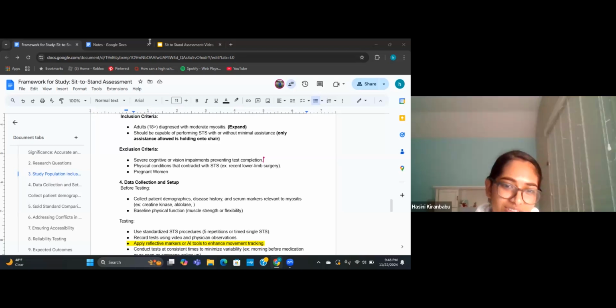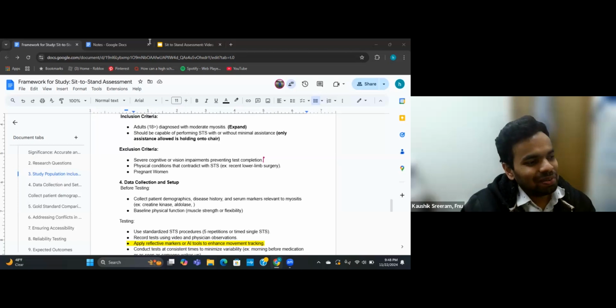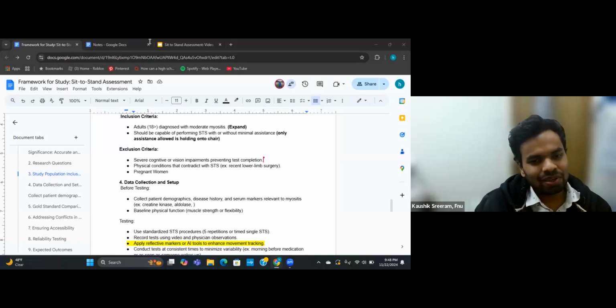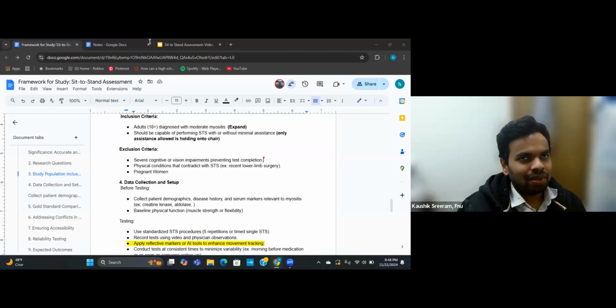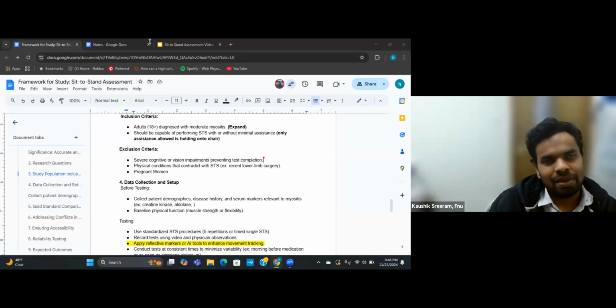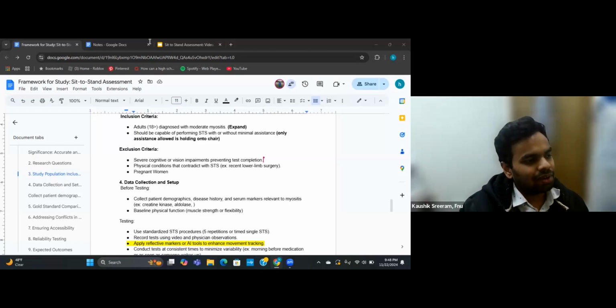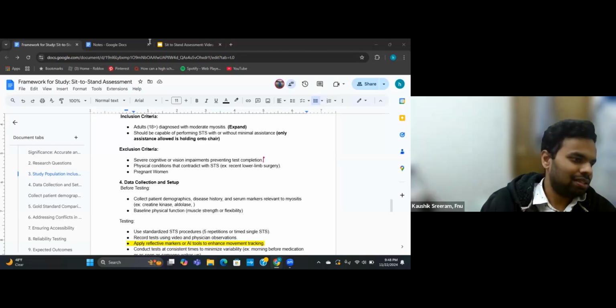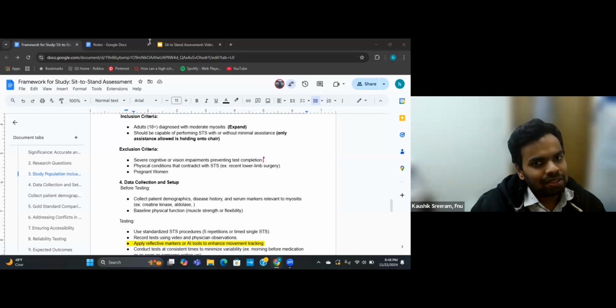Now, how you make sure of that, think about it this way. Let's say you're seeing patients with myositis and you're calling them moderate disease. On what basis, what is the reason for calling them moderate disease? Because you want to give them treatment. Do you agree?